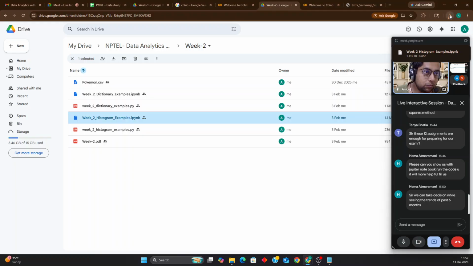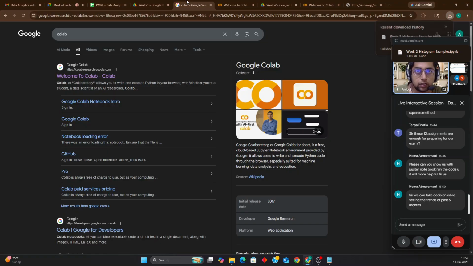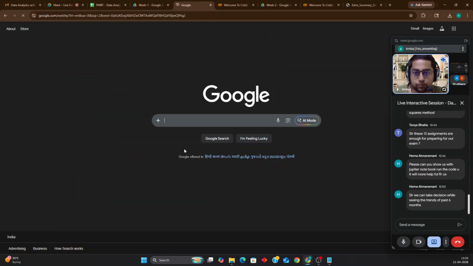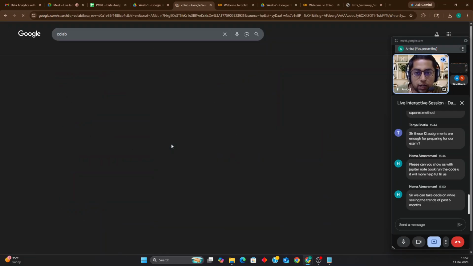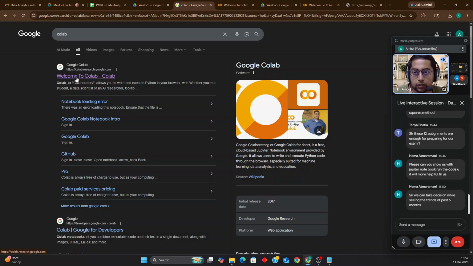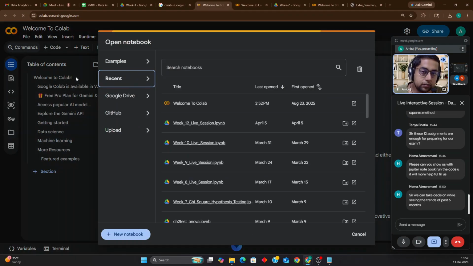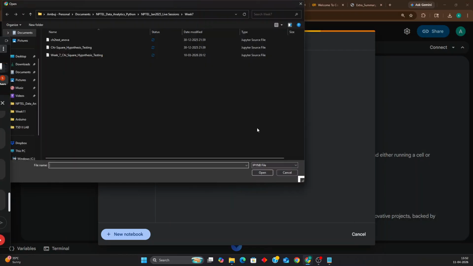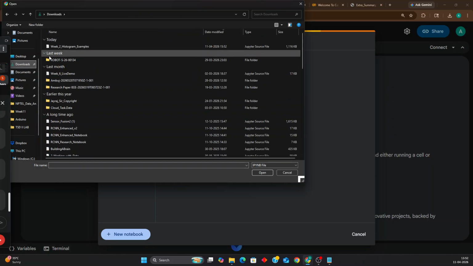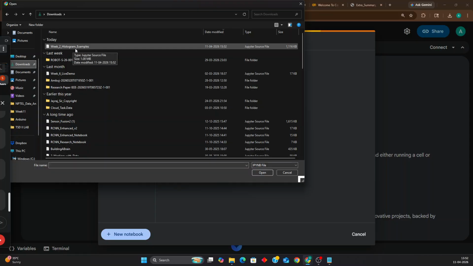Now it is stored in my downloads. I have gone to Google, typed Colab, clicked this page, then clicked upload. I'll browse to the location of the folder where I have saved this particular Colab notebook.